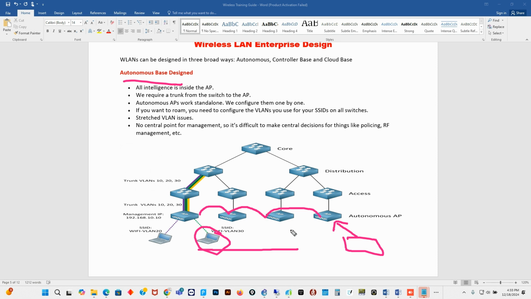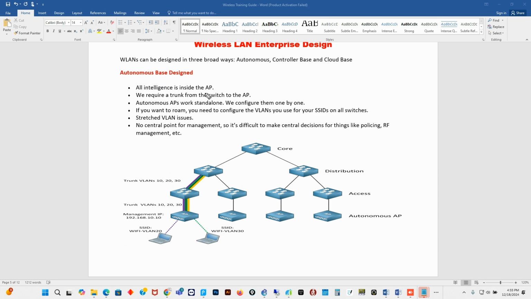You need to ensure that when one AP fails, another AP can take over so that there is no loss of coverage. And this is not fun if you deal with autonomous APs.